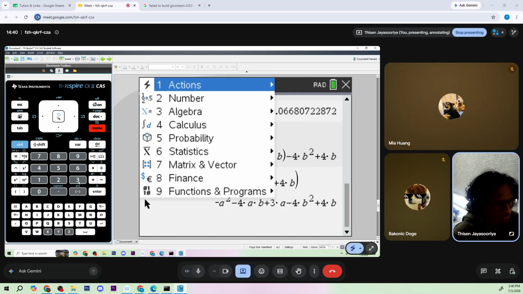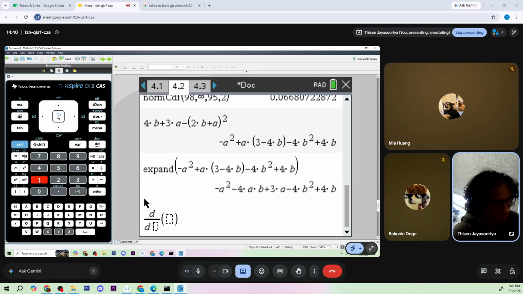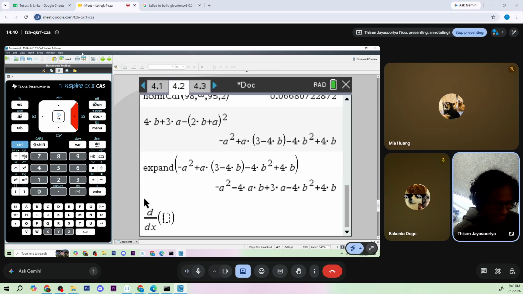We can do menu 3, 1, 0. Oh, wait, no. Let's first do the derivative. So for x to the power of m times e to the power of a times x. And here we know that x is equal to -2.